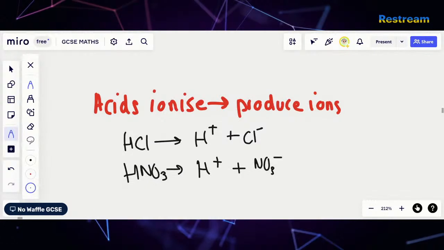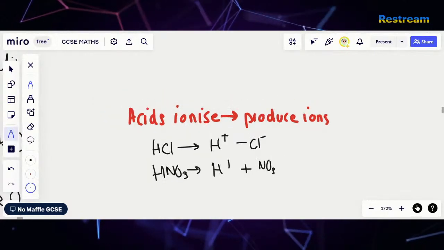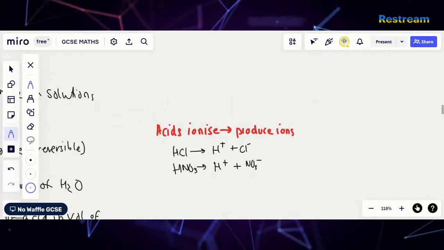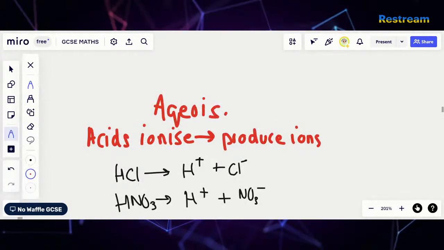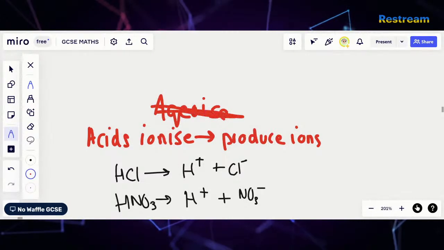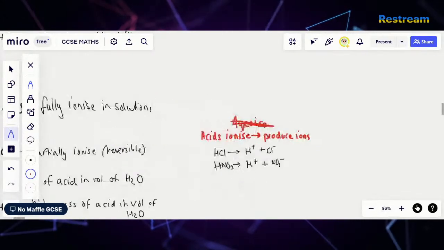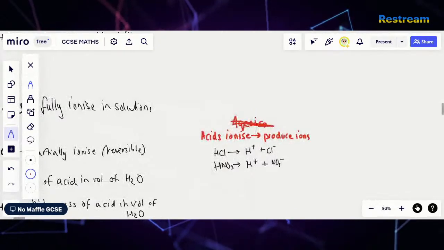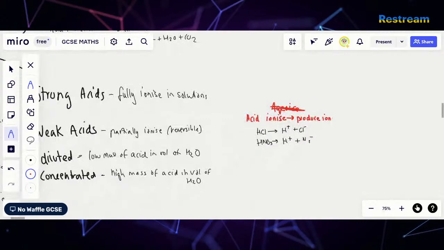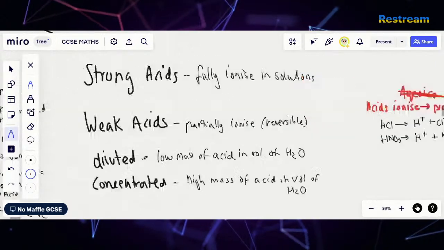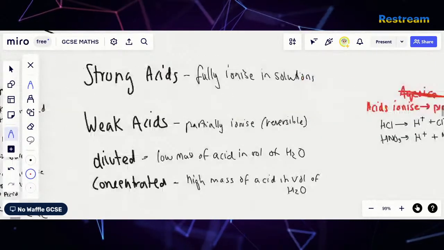So in any aqueous solution, which just means dissolved in water, acids ionize. Now, a weak acid therefore means something that partially ionizes, does not fully ionize.